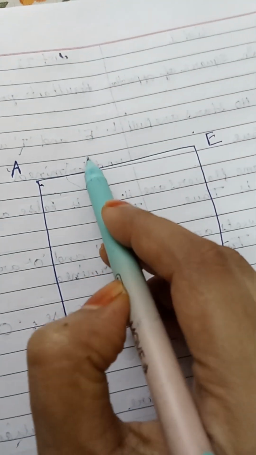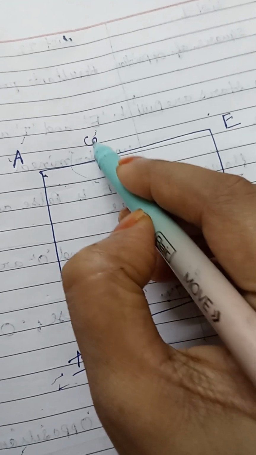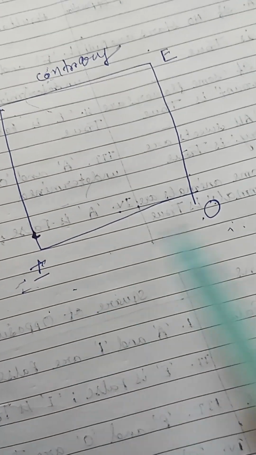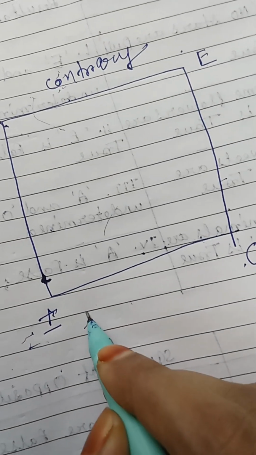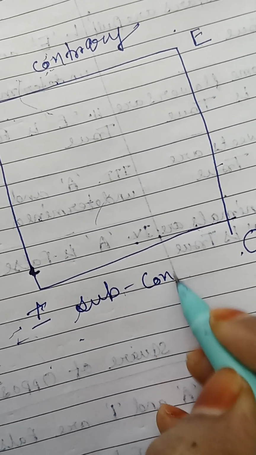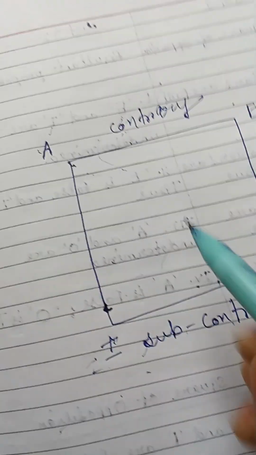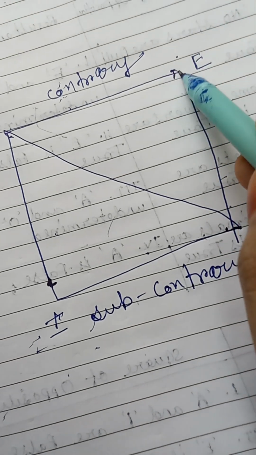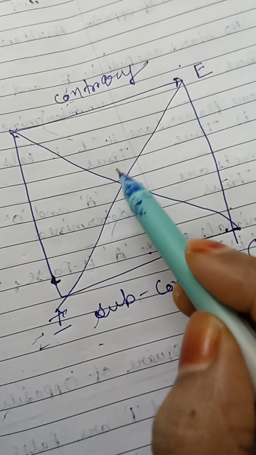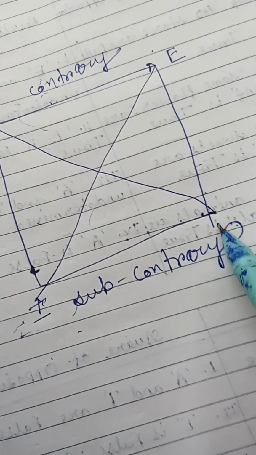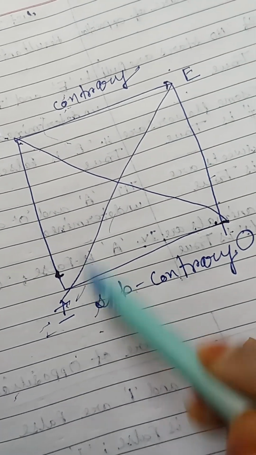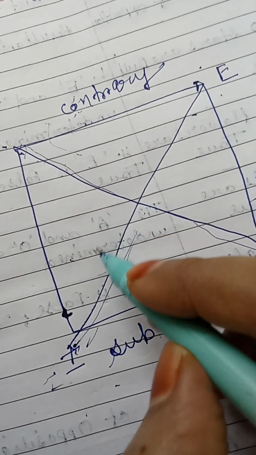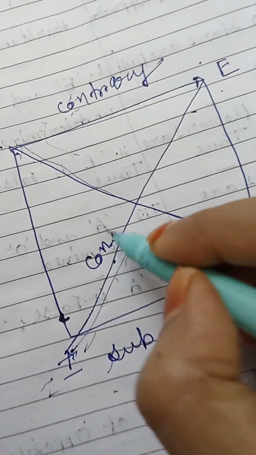A and E, it is called contrary. I and O, it's called subcontrary. Now from here, join here to here, this A, O and E, I. This straight line and this straight line both are called contradictories.